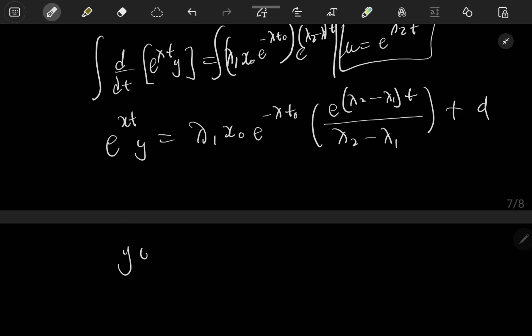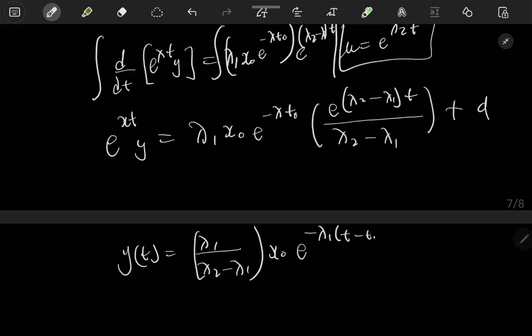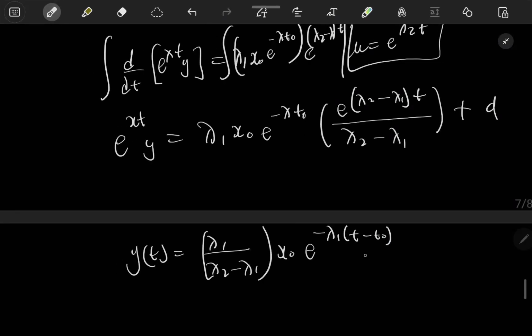Your y of t, after solving for y in this very dirty long expression, is going to look like lambda 1 all over lambda 2 minus lambda 1, x naught e negative lambda 1. I'm writing this for you. When you're doing it, try to see if you get the same result, but as far as I know, it's just a matter of doing the math, nothing too serious, right?